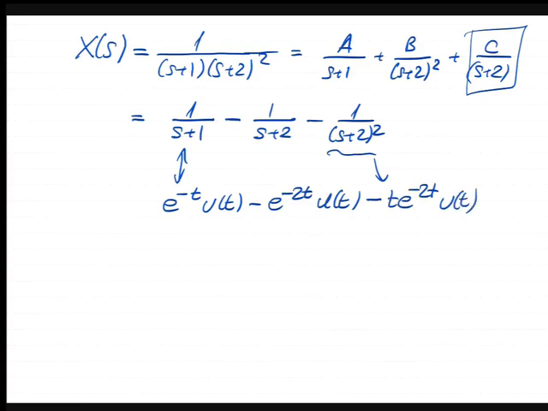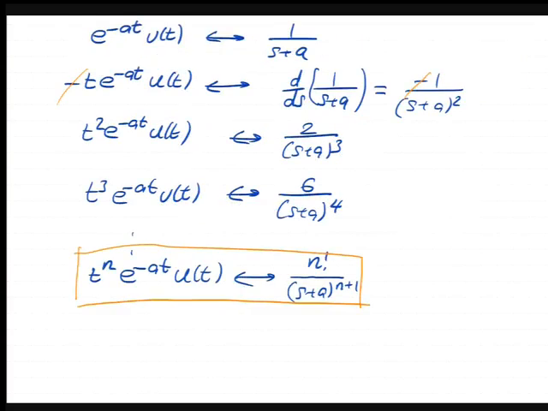Everything is u of t basically, but you can factor u of t out. Okay? So this example served an important purpose because this is an important building block when we use partial fraction expansions, because we might very well get higher powers in the denominator, and we have to deal with those. Last question before I close.